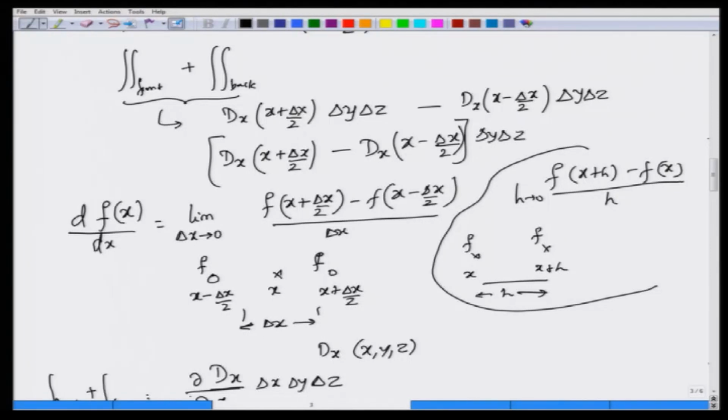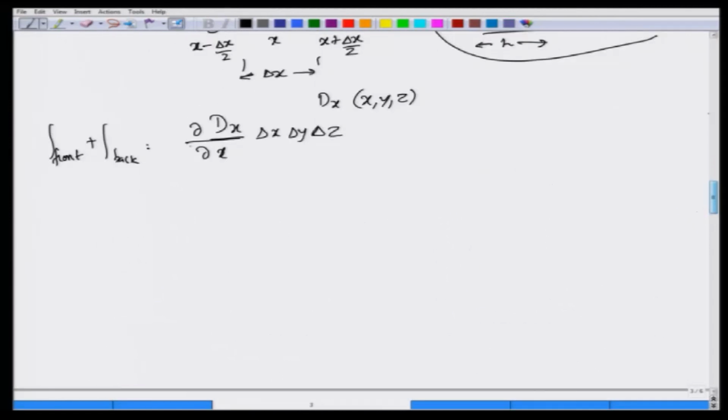So, if you compare these two parts, you can divide this by delta x and multiply this by delta x and then let delta x go to 0. We have not let delta x go to 0, not necessary at this point, but this is anyway going to give you the partial derivative, which is then getting multiplied by the differential volume delta x, delta y and delta z.